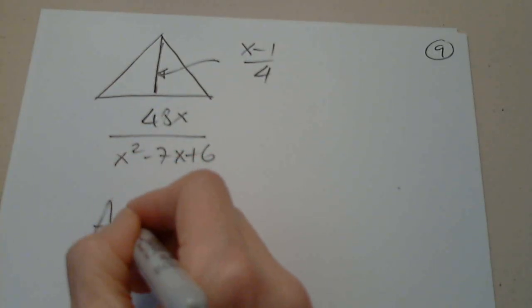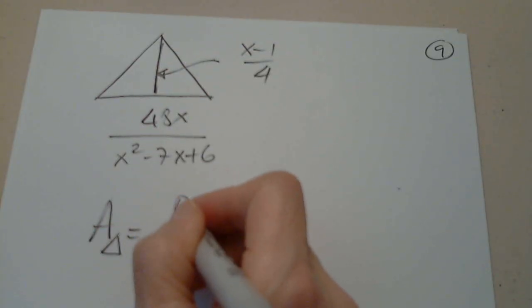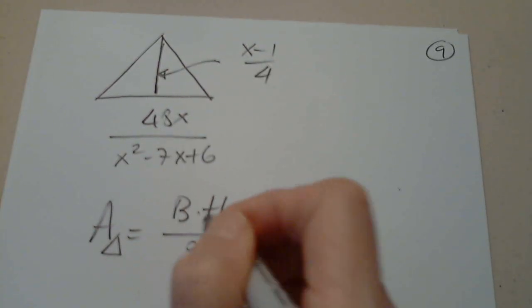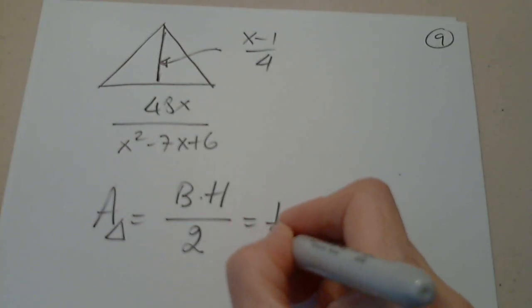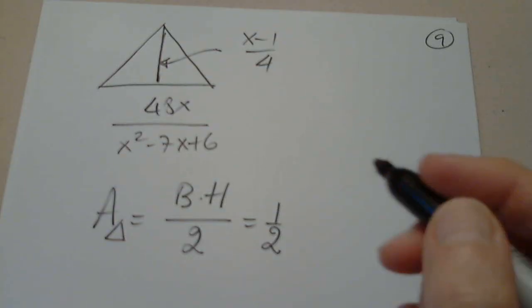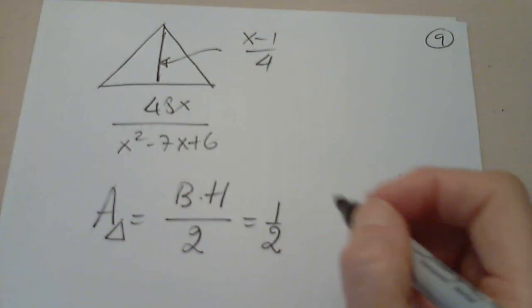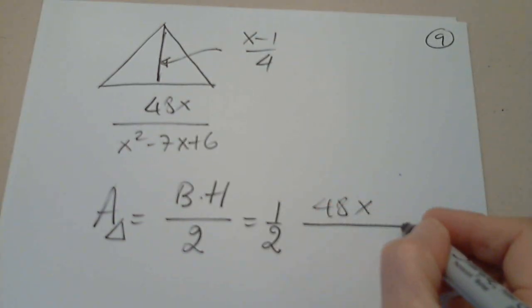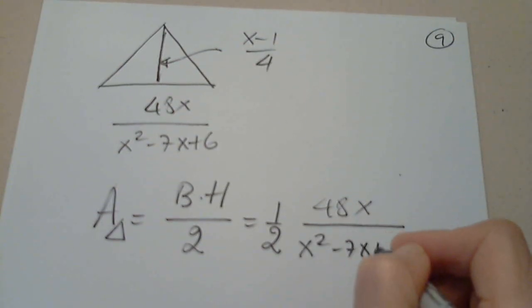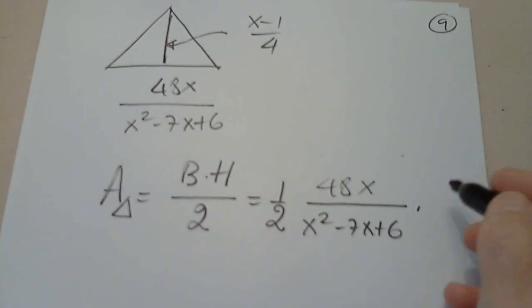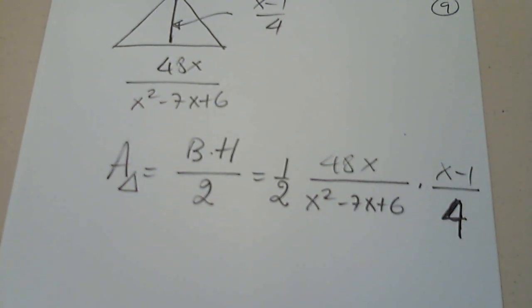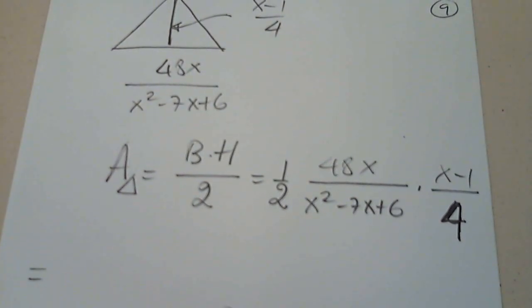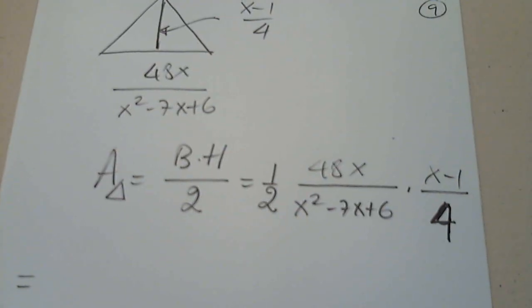The area of this triangle is base times height divided by 2. It is wise to put 1/2 in front like this, and then put the base, 48x over x squared minus 7x plus 6, and multiply by the height, which is x minus 1 divided by 4. Notice what I'm going to do first.